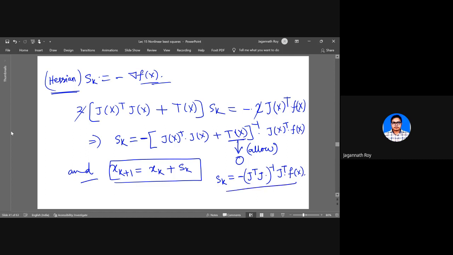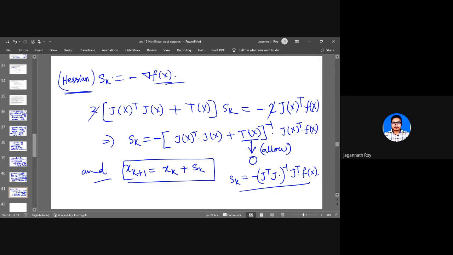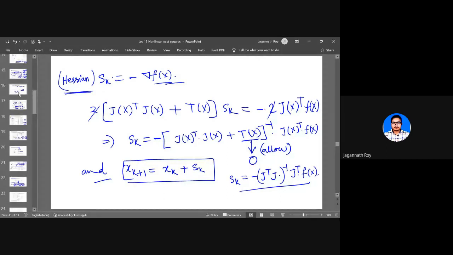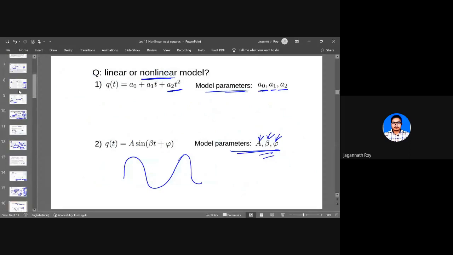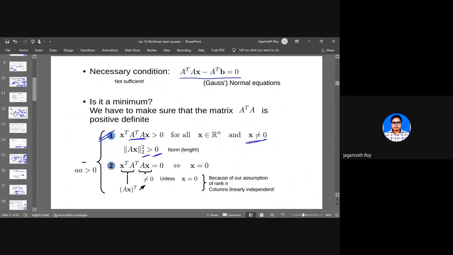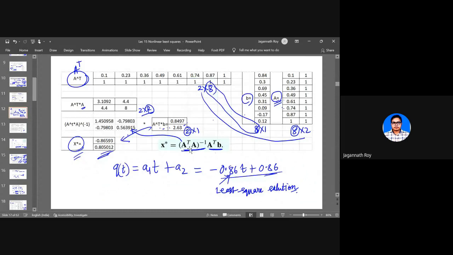So this is nothing but very similar to the problem that we have discussed for the linear case, of this form, x star equals A inverse of b, where b is the f of x value.